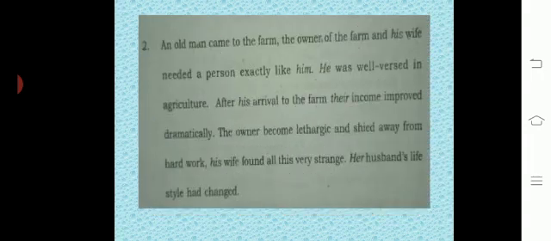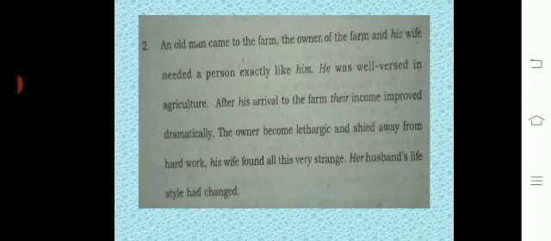Let us see the next example. So, this is the second example in your grammar text. Let us read it first. An old man came to the farm. The owner of the farm and his wife needed a person exactly like him. He was well versed in agriculture.